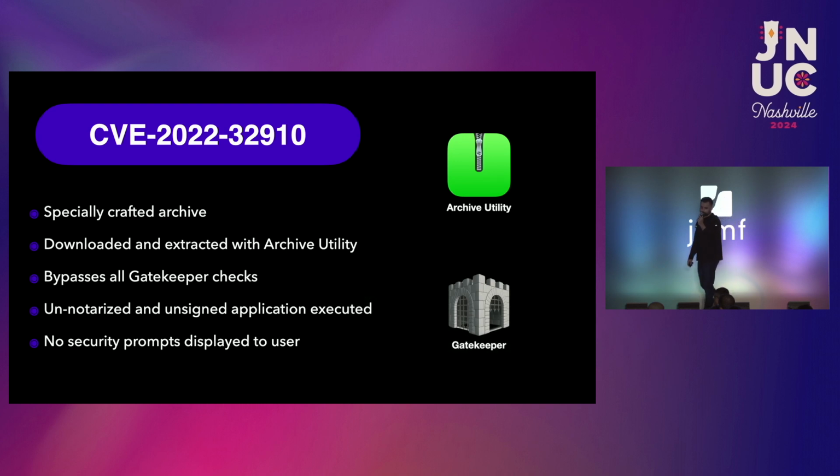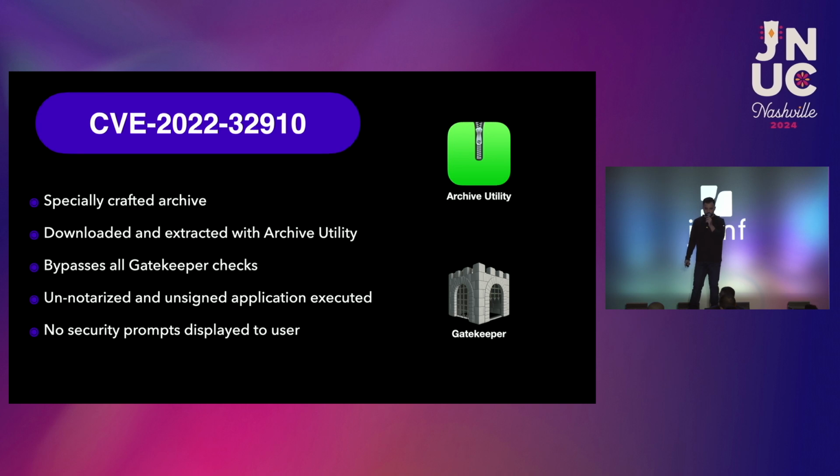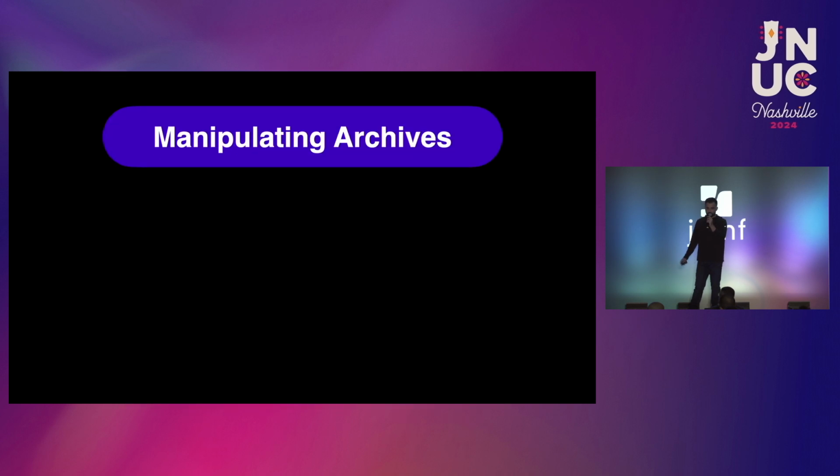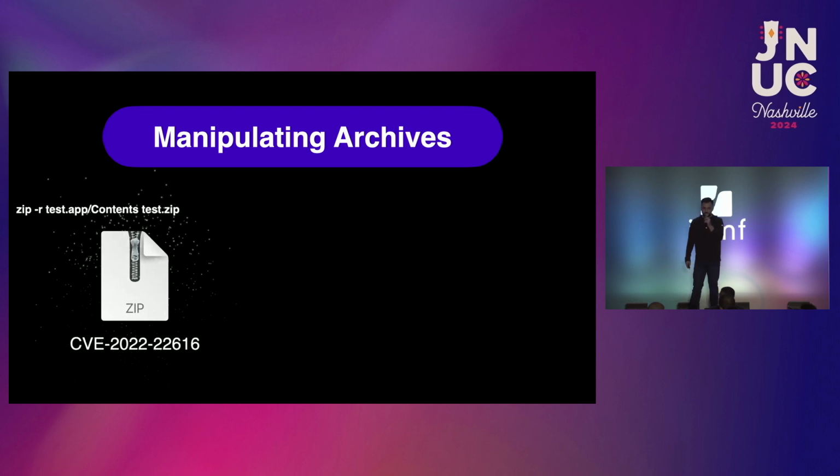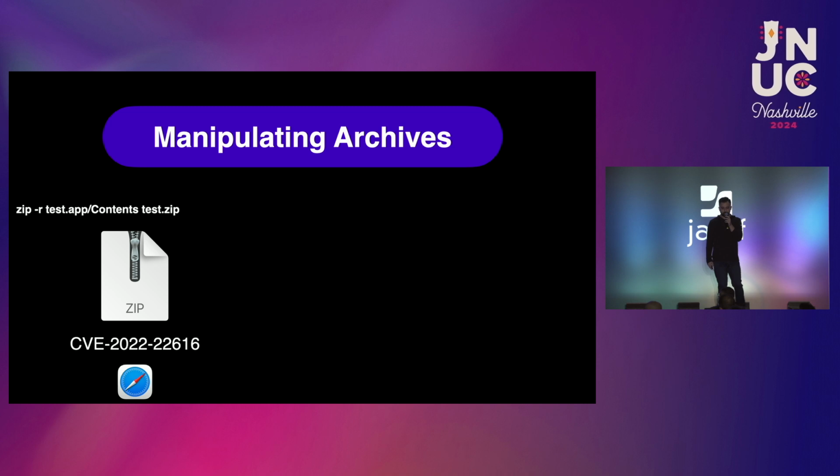So let's compare the two CVEs at a high level. Using the AA utility, as we mentioned earlier, for creating an Apple archive, we can, with a similar command syntax, create an Apple archive that will allow us to bypass Gatekeeper when we download this archive from the internet.